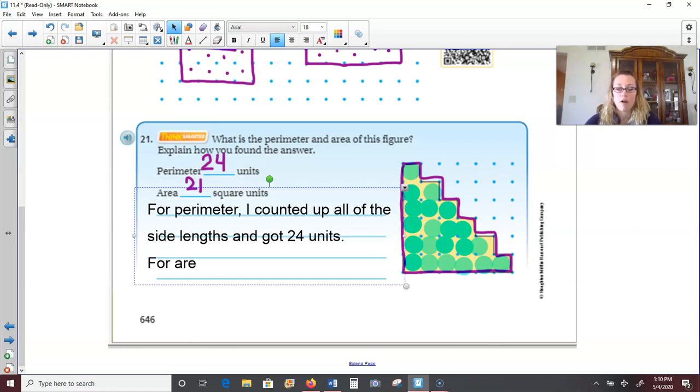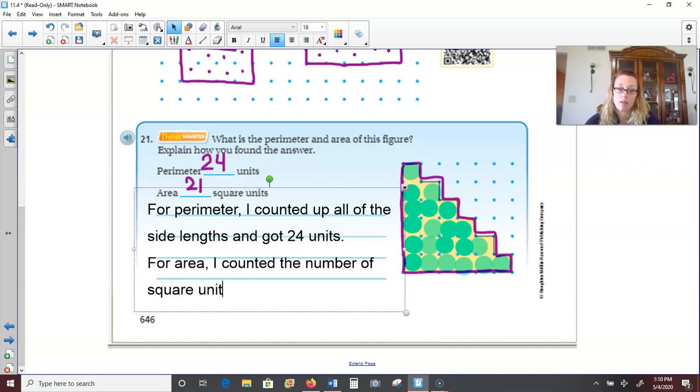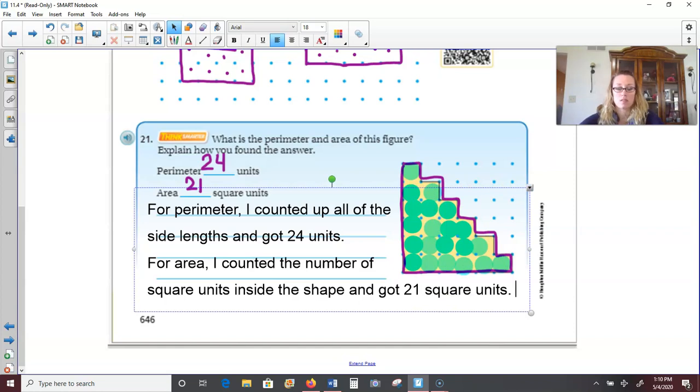And then for area, I counted the number of square units inside the shape, and got 21 square units.